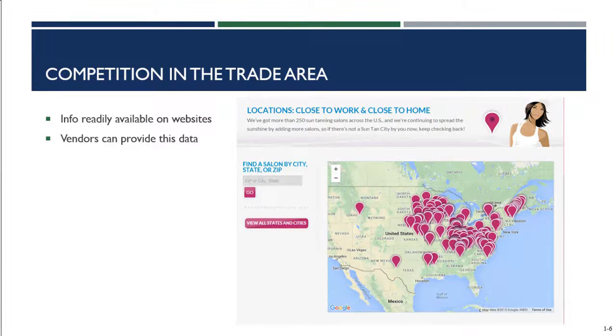Vendors can provide this data, retailers can purchase the data, or it's readily available on websites for class projects or for small retailers who can't afford to purchase the data. And so you can easily look at where your competitors are located in relationship to your store.